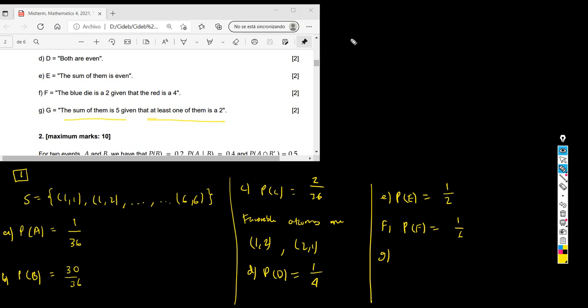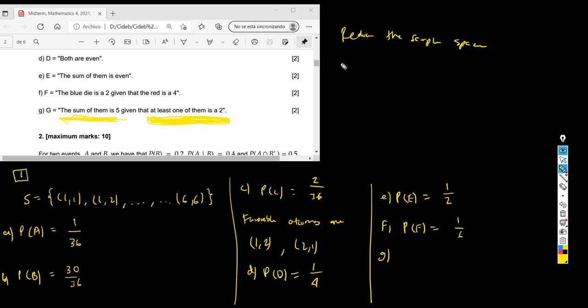You reduce the sample space, because that's what conditional probability does, right? You know that something is true, that at least one of them is a 2. That's what you know. And therefore, in regard to this new sample space, you're going to consider this probability.